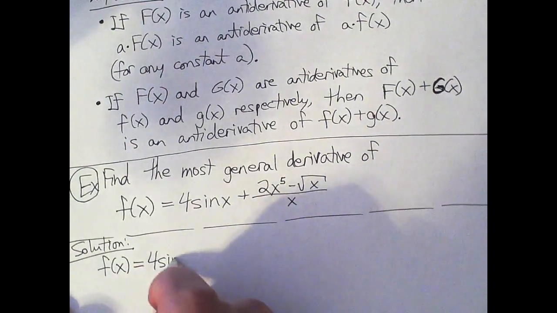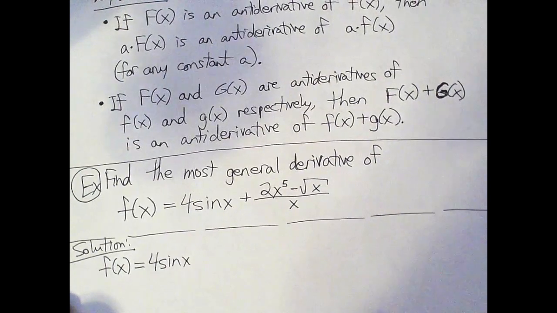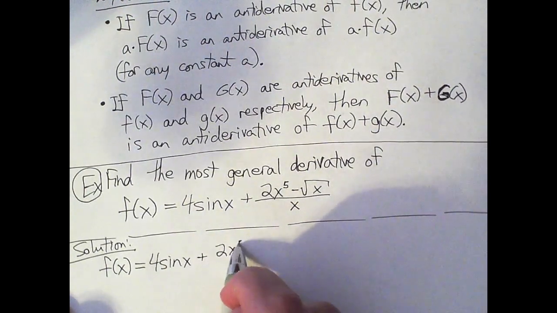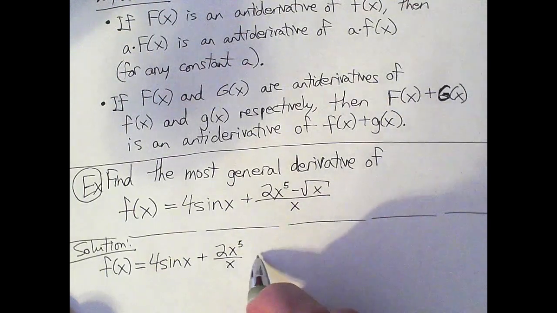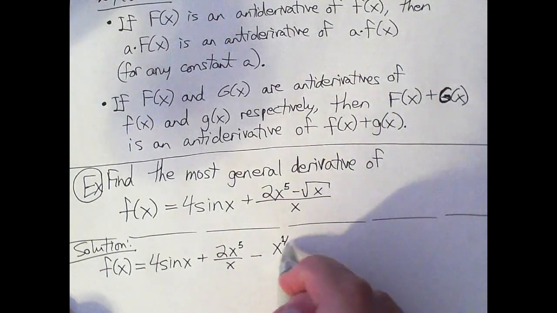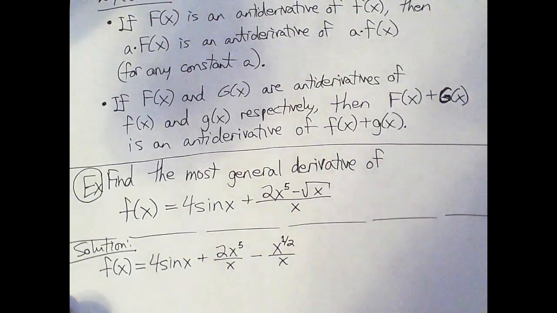And that fraction, that something over something, I'm going to split that up. I'm going to write it as 2x to the fifth over x minus, we said earlier the square root of x is the same as x to the 1/2. So let's do that. x to the 1/2 over x.